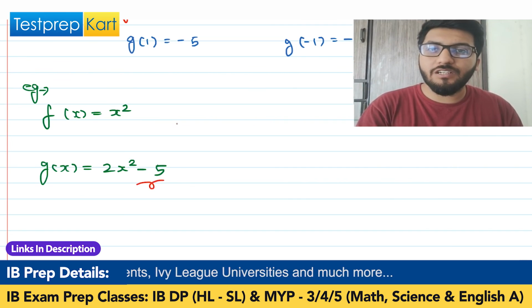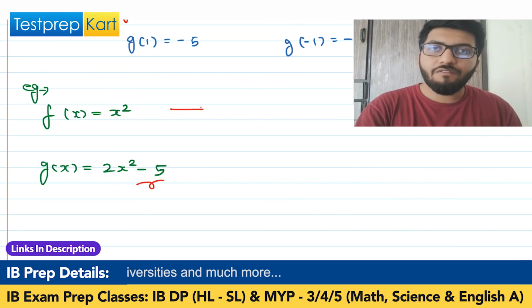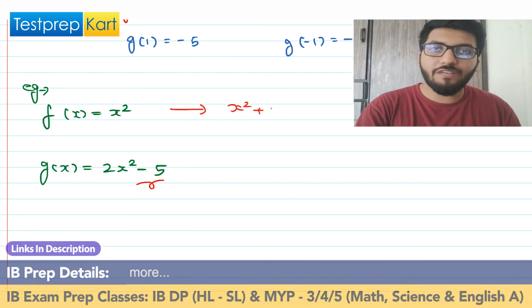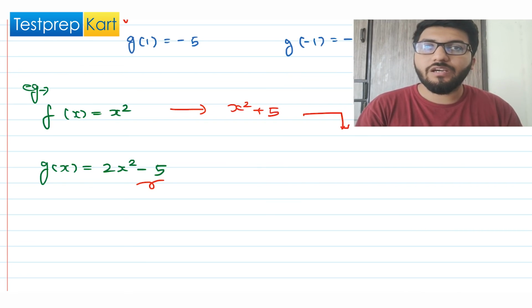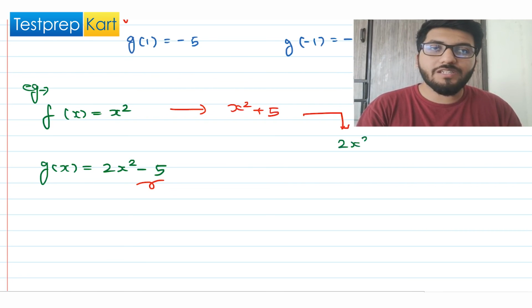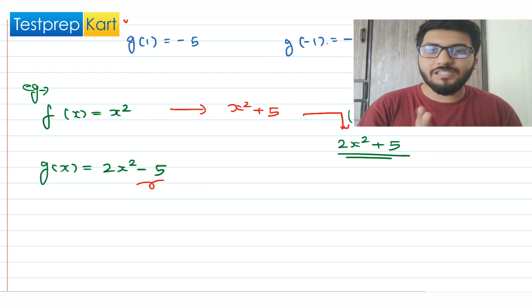You can do it in any way. First you can take the vertical translation by 5 units, and then we have the 2x square. Are you getting the point? This can also be done by replacing x with root 2x, but it will be a little bit tedious for many students.